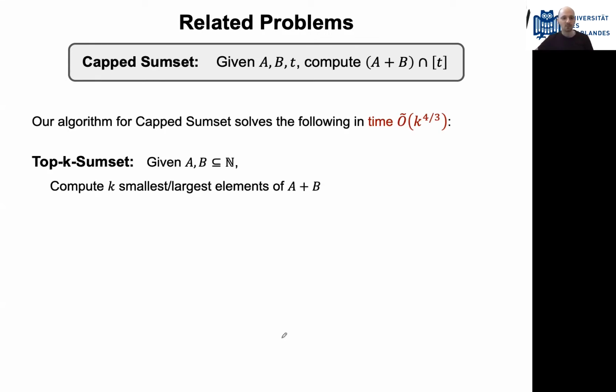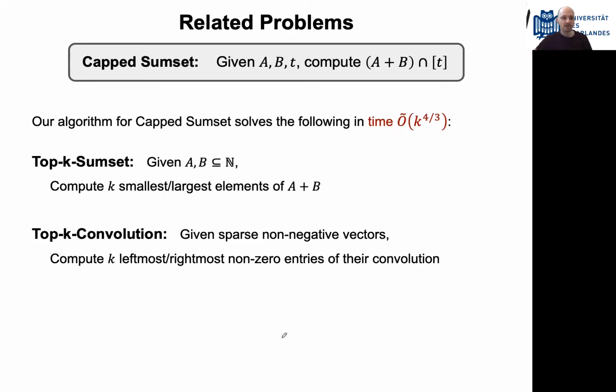First problem is top-k sumset. So here we have two sets of integers A and B. We want to compute the k smallest or the k largest elements of their sumset A plus B. So this is a natural top-k variation of this problem.